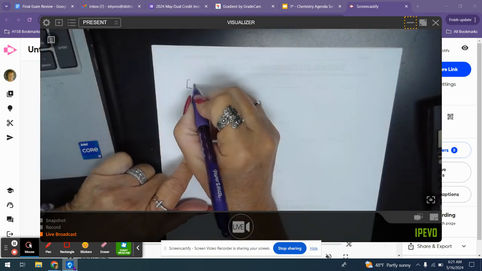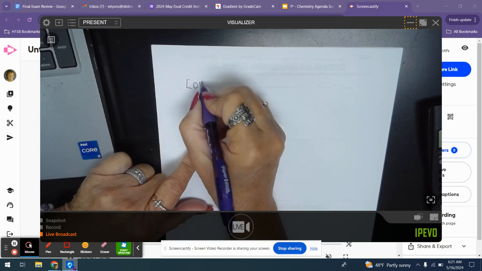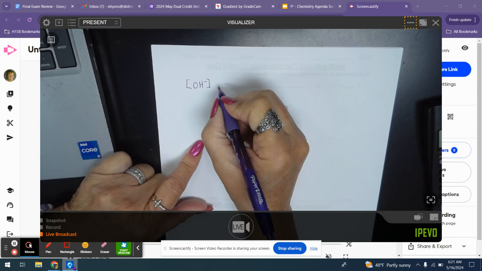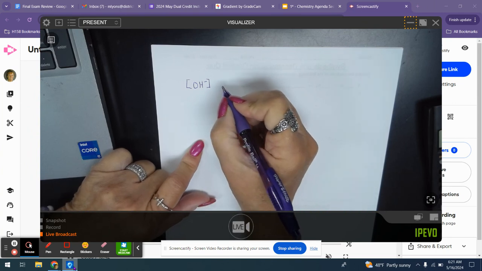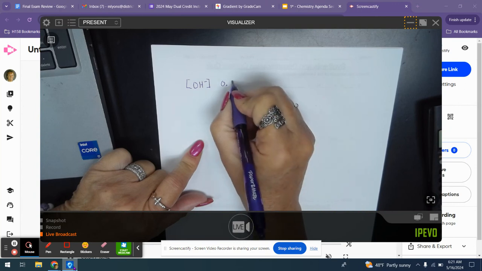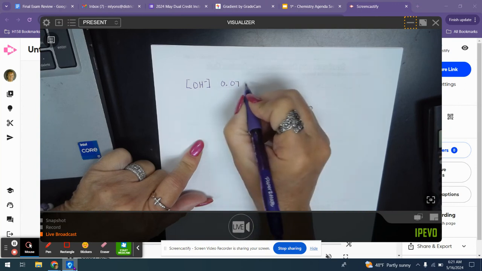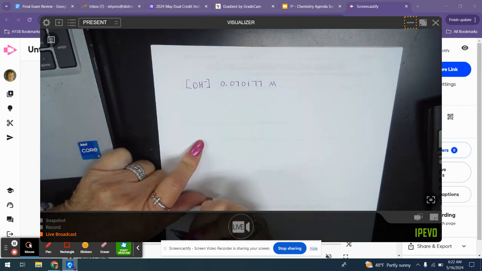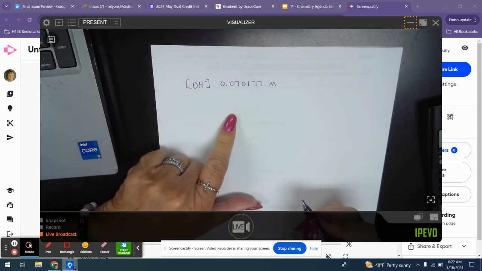From my lab data, I found out that my hydroxide ion concentration was 0.070177. And again, I'm carrying out a lot of these digits just for the sake of rounding at the end.